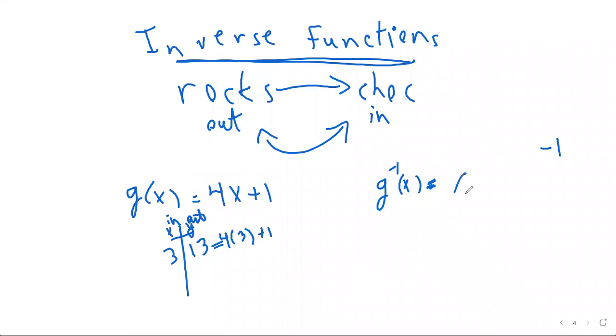It'll have some kind of an X because it's a function of X. And then probably to undo a times by 4, we'd also have a divide by 4 going on. So without knowing how to piece those all together, we at least know the idea is I have a -1 and I have a divide by 4.